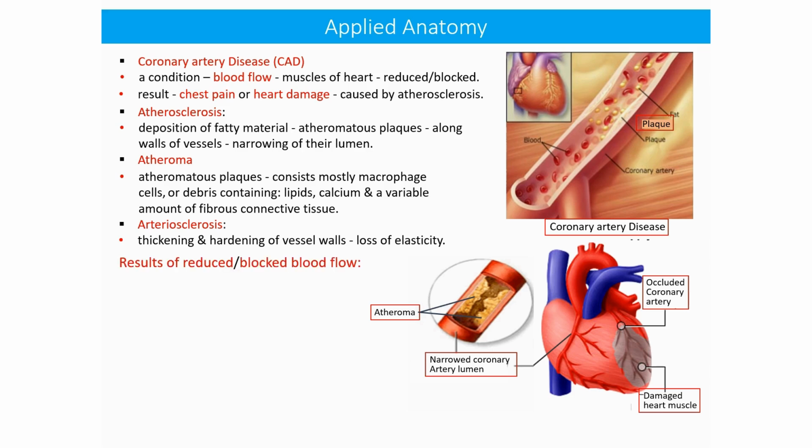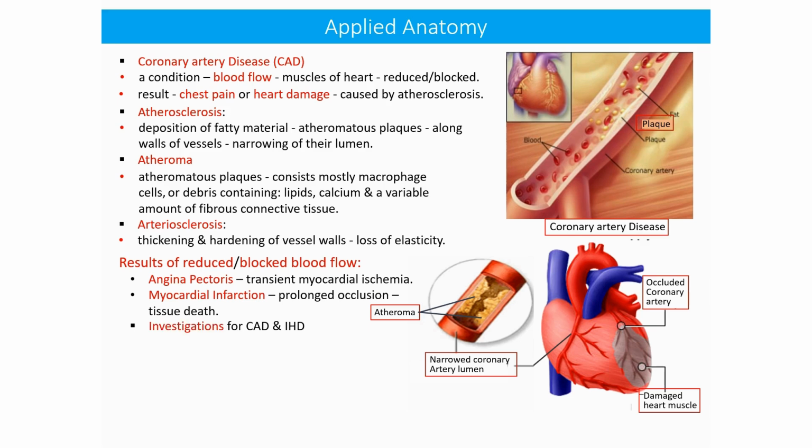Now, the results of reduced or blocked blood flow. If the ischemia is transient, the condition is named as angina pectoris. And if the occlusion is prolonged, which leads to tissue death, the condition is labeled as myocardial infarction.